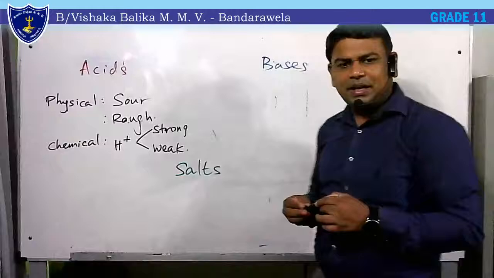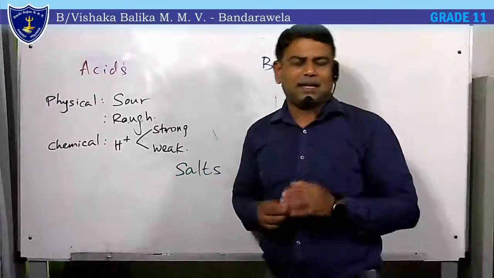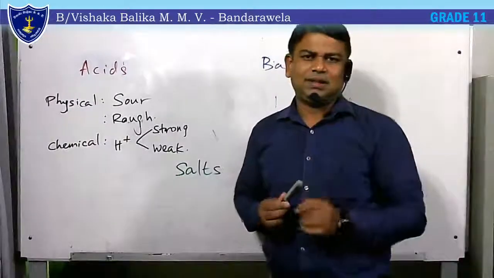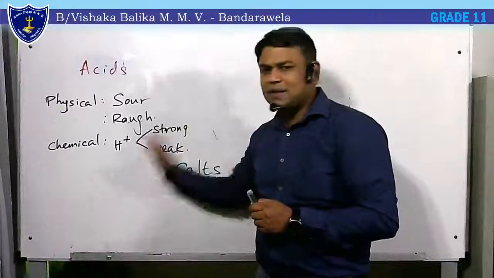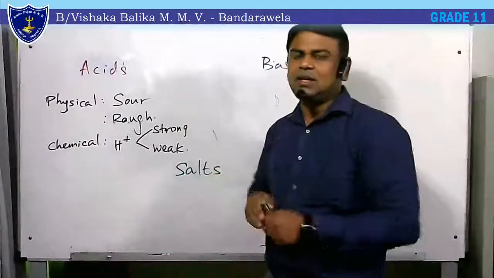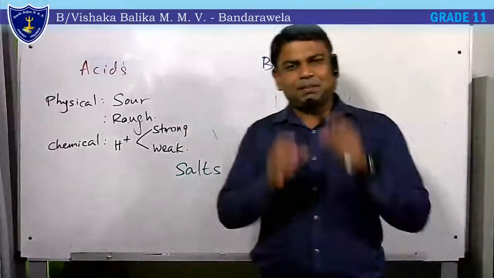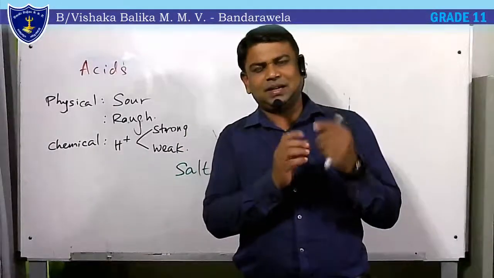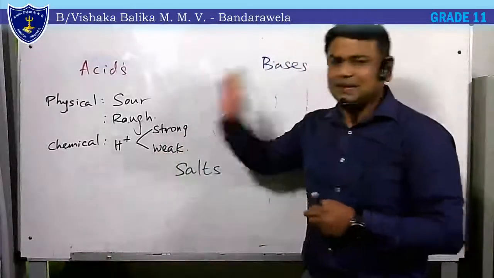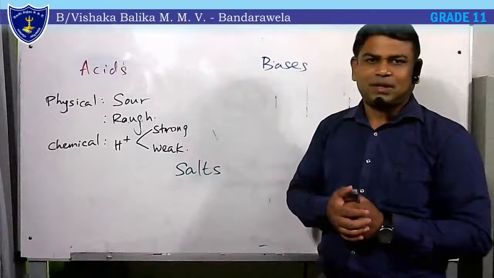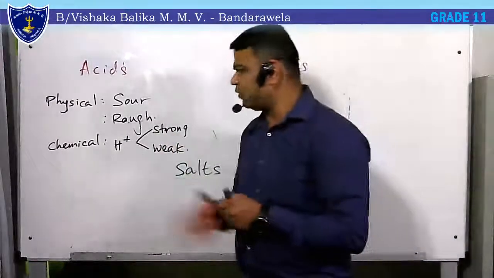If they release the whole amount of H plus ions into the solution, we call them strong acids. If they release the hydrogen ions only partially, we call them weak acids. Acids are two types, strong acids and weak acids, according to the liberation of hydrogen.